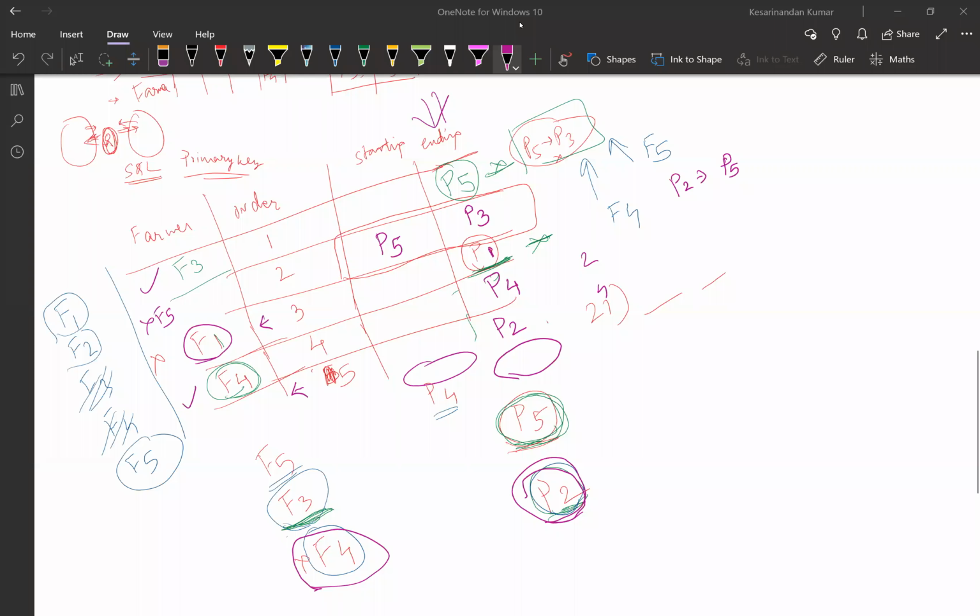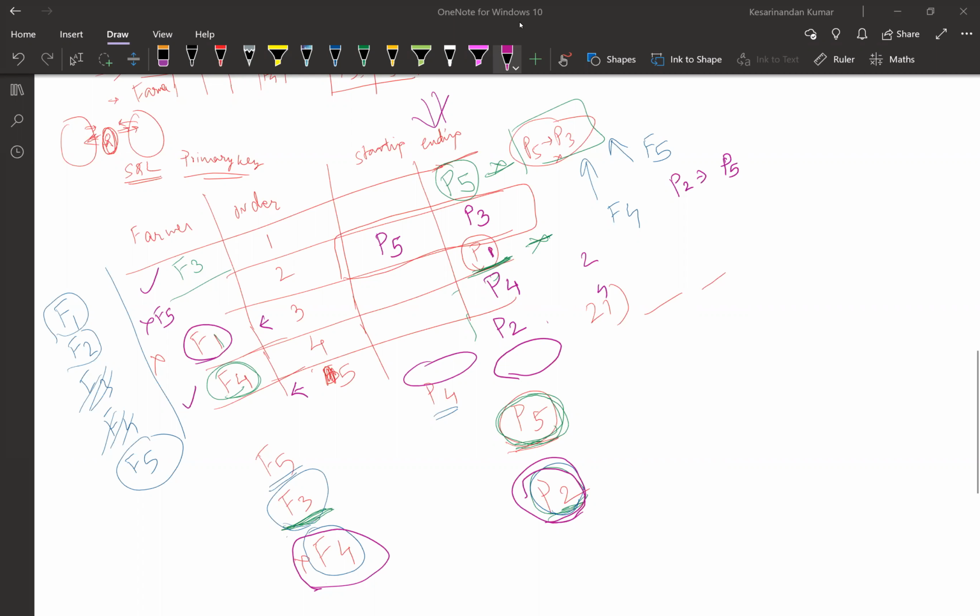Okay, let me step in then. See, for which farmer was P2 the finishing point? It is asked. Now we can see the options are 1, 2, 3, and 5. So clearly F4 was eliminated. F3 also cannot be the answer because we have fixed F3.